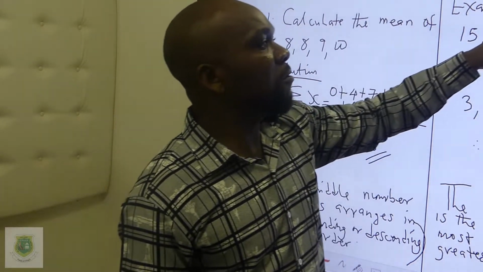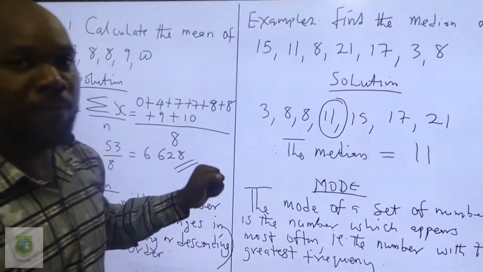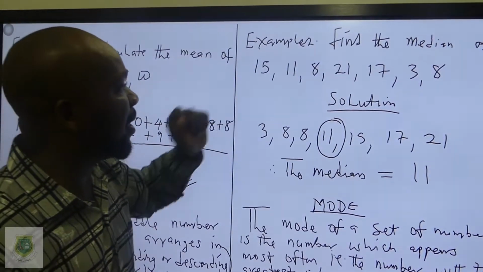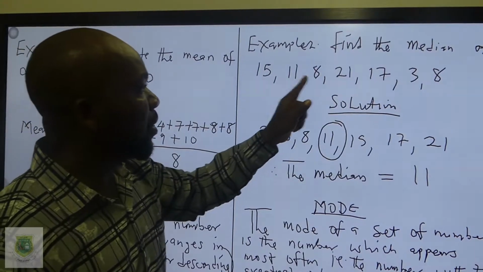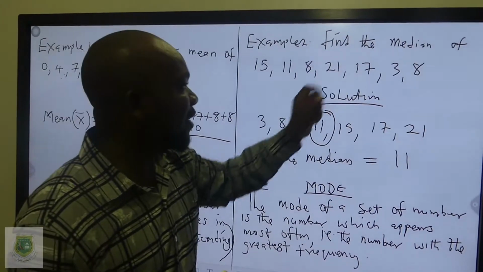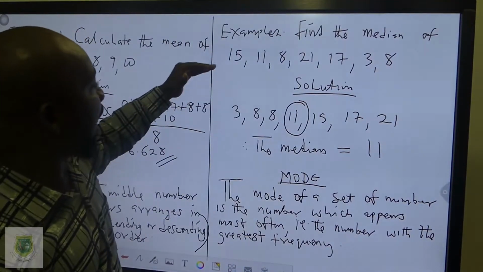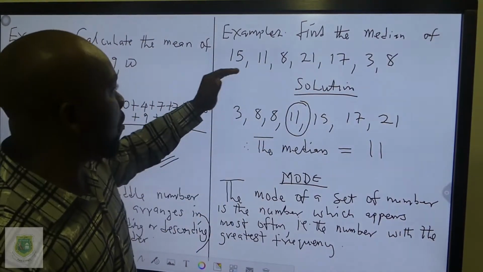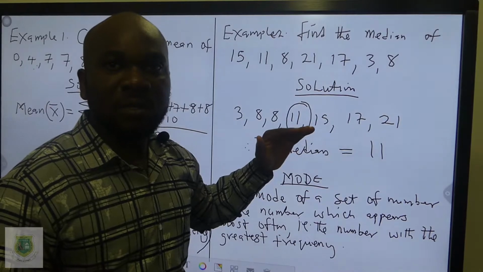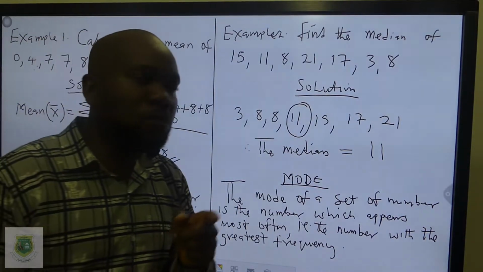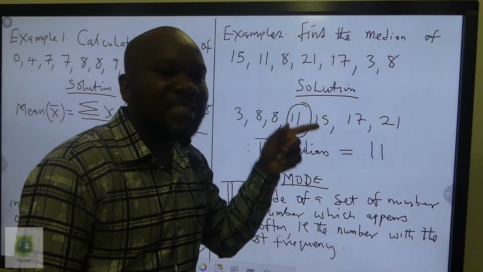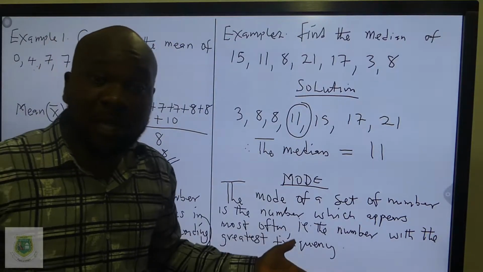Example 2. Find the median of 15, 11, 8, 21, 17, 3, and 8. These numbers are not arranged, so the first thing you do is arrange them in ascending or descending order.